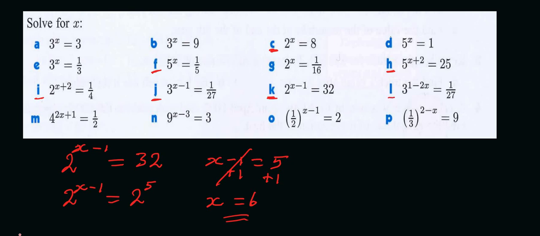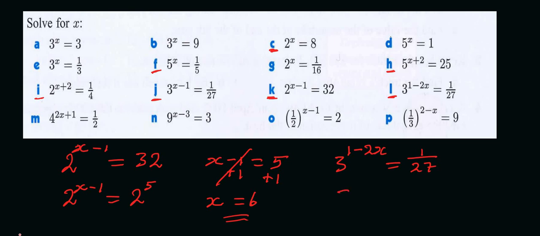All right, so that is it for this question. Let's look at the next one. Question L. Over here we have 3 exponent 1 minus 2x is equal to 1 over 27. All right, so the base is 3 on the left side.